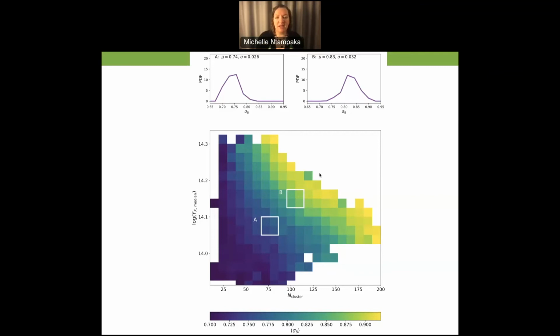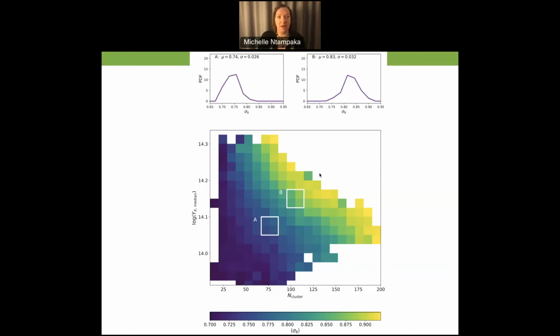So what we're seeing is number of clusters in the sample, median Yx. Then the colors there are the average sigma 8 in that bin. I've highlighted two sections, boxes A and B. In box A, you've got in the X and Y direction roughly the error bars that are measurable.